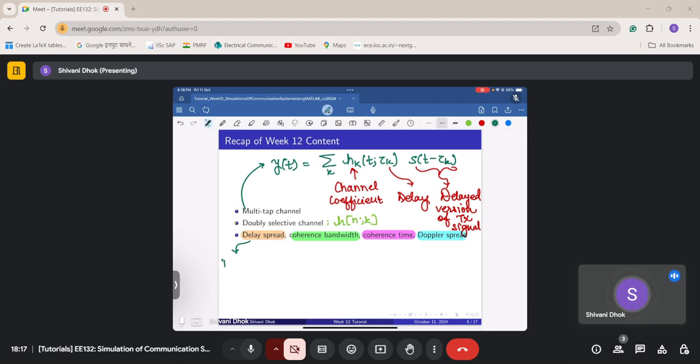So this is the difference between the maximum delay and minimum delay.